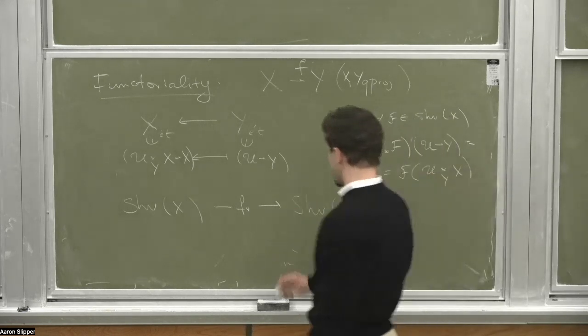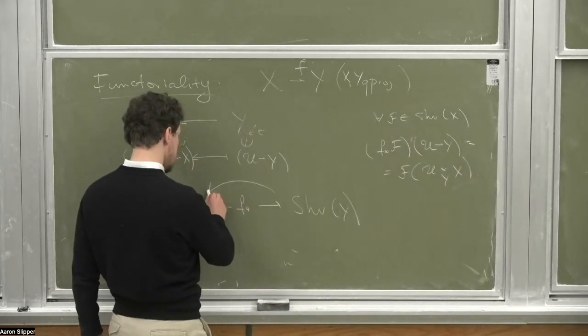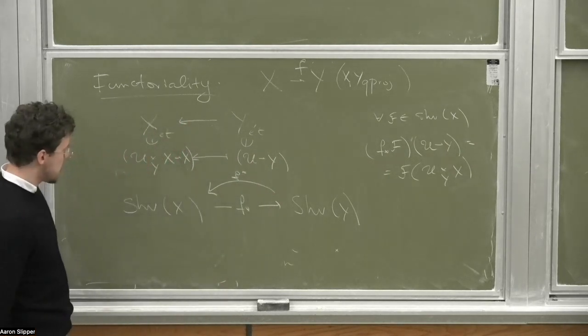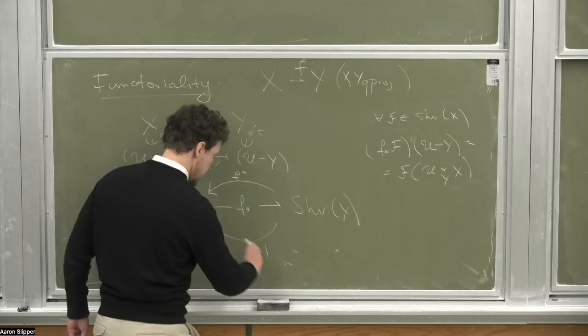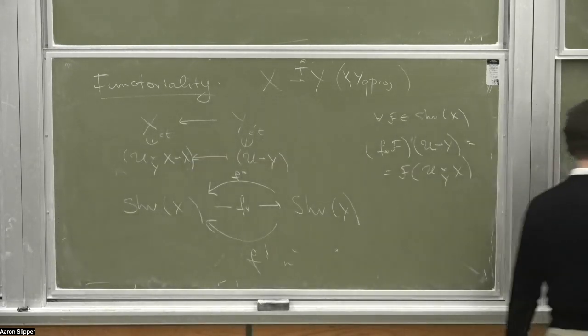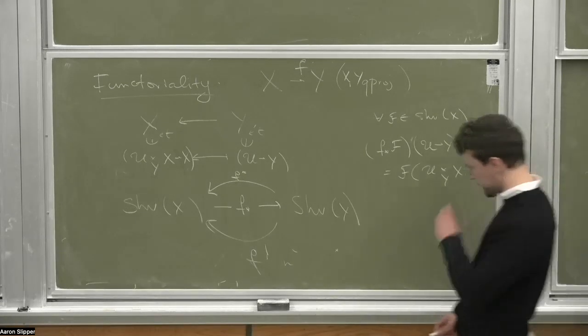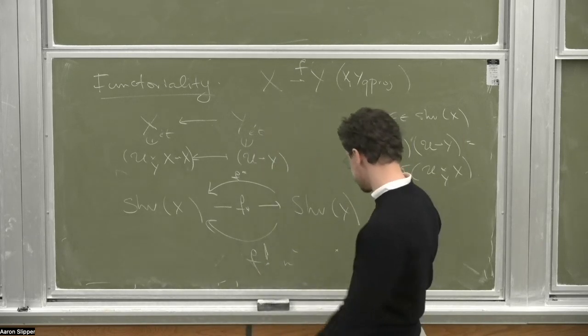So I have a functor like this, and so it has a left adjoint. That would always be true, but it also has a right adjoint. And this is thanks to this statement. Right, the adjoint f upper shriek.